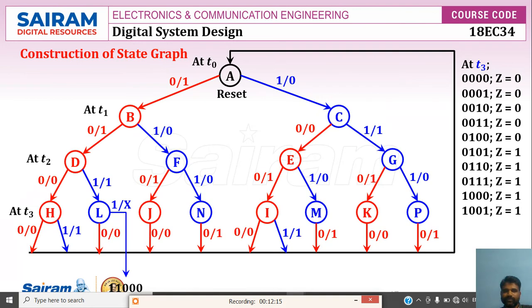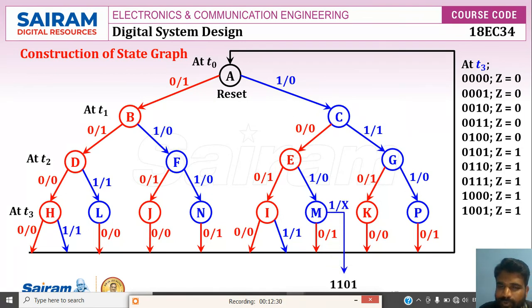And at L, if 1 is received, the total received sequence is 1 1 0 0, not triple 0. So output is don't care, that is also removed. Clear? And similarly at M, if 1 is received, output is don't care, since the received sequence is 1 1 0 1, that is also not specified in the code converter table, so that is also removed.